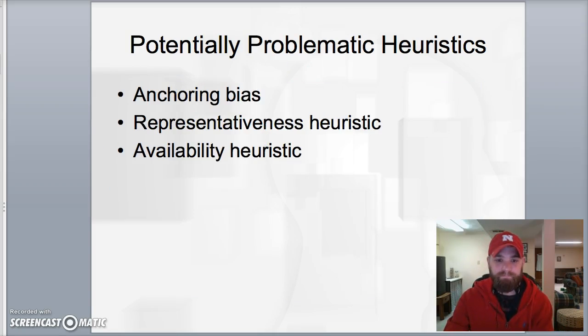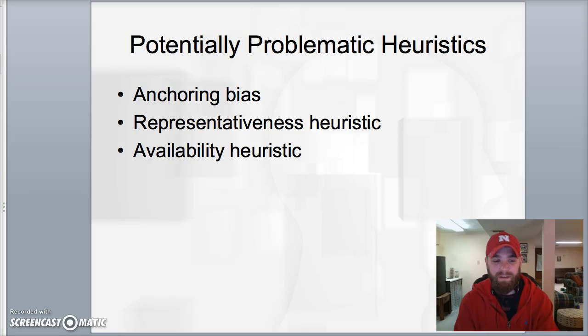Some of the potentially problematic heuristics that we use, one is called the anchoring bias. This is where we form an opinion based on an early piece of information, and then even when we get new information later, we don't change our opinion. The classic example of this is first impressions. What we know from research is that first impressions are very long lasting.